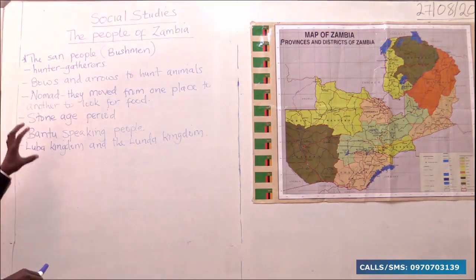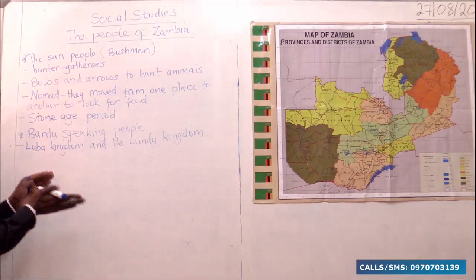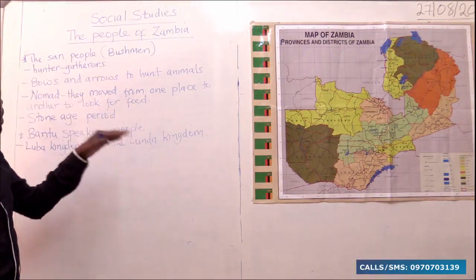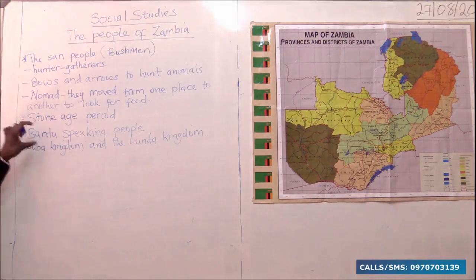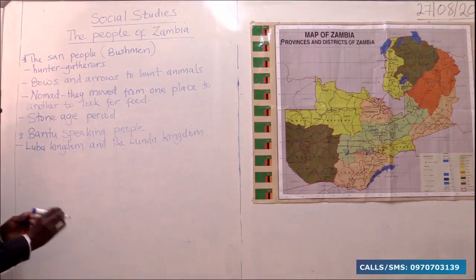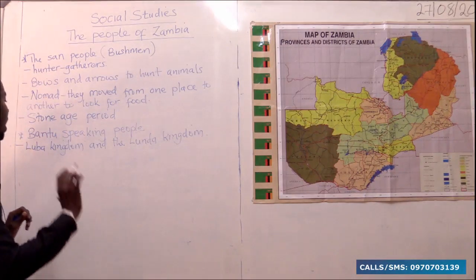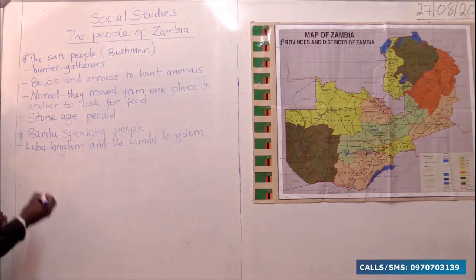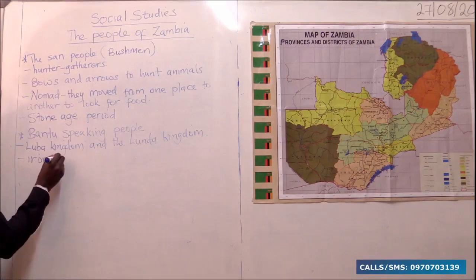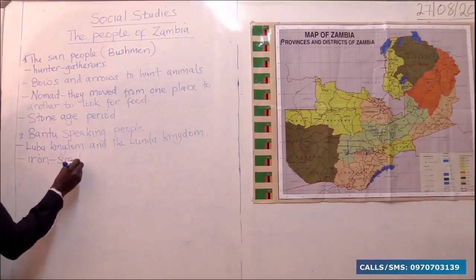So you must also understand that when the Bantu-speaking people came into Zambia, they had better technology compared to the San people. Why did they have better technology? They used iron, meaning that these were iron smelters.